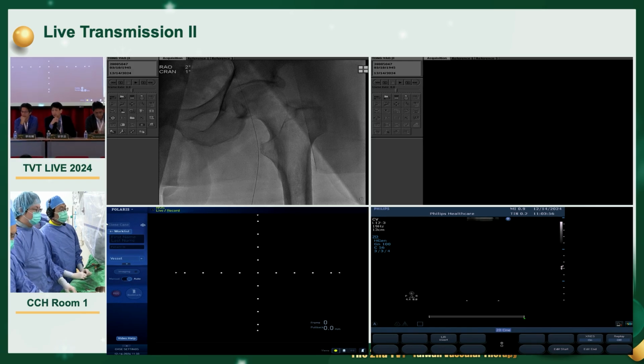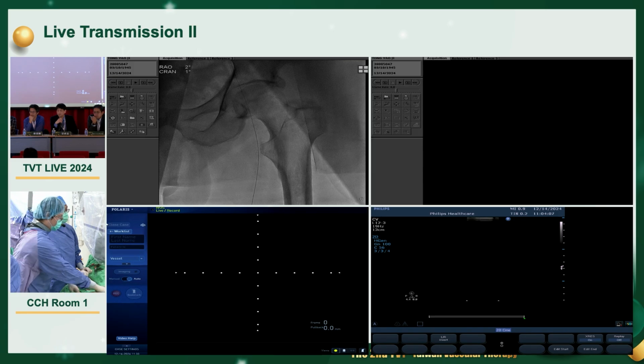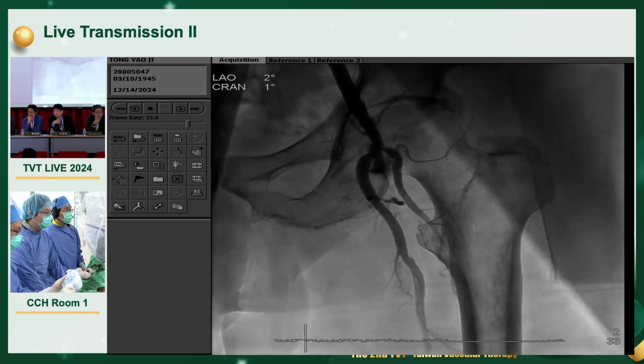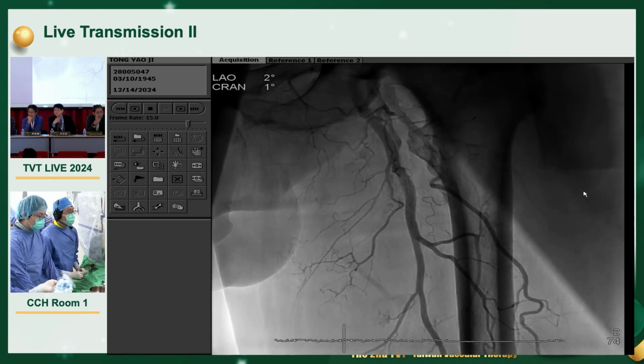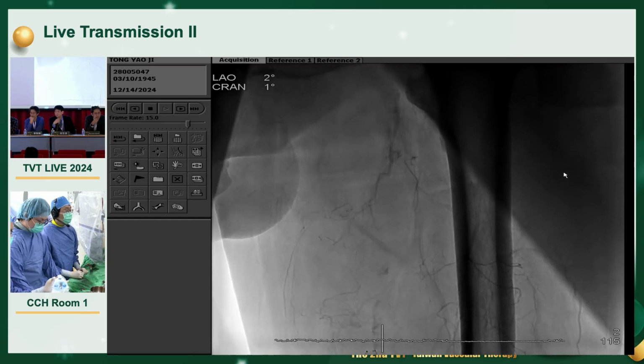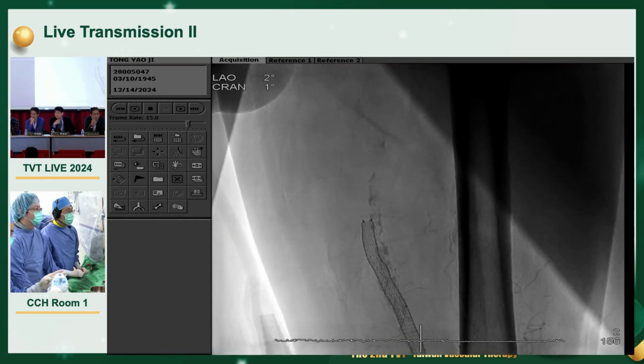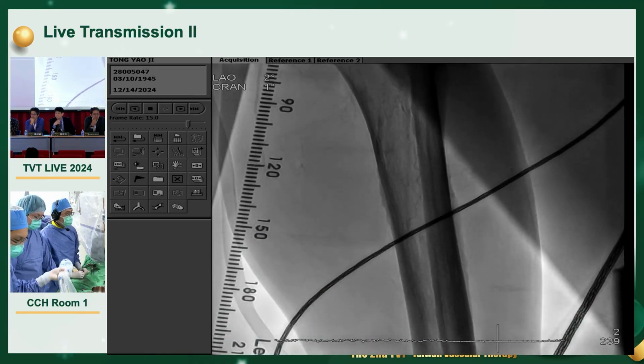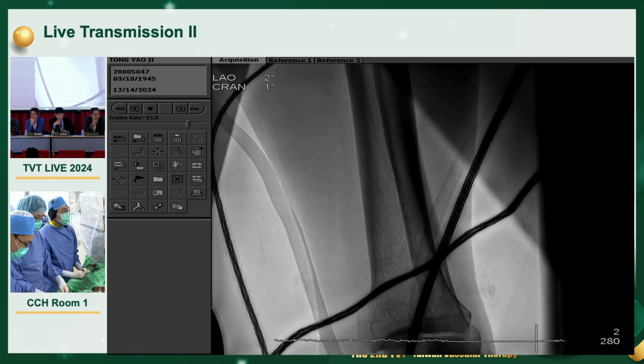Today our case is a restenotic lesion. This patient received left superficial femoral artery PTA last July. Can we see the angio first? In this first angio, we can see the left SFA total occlusion. He has some collateral circulation, but the left SFA is a near total, chronic total occlusion, CTO.